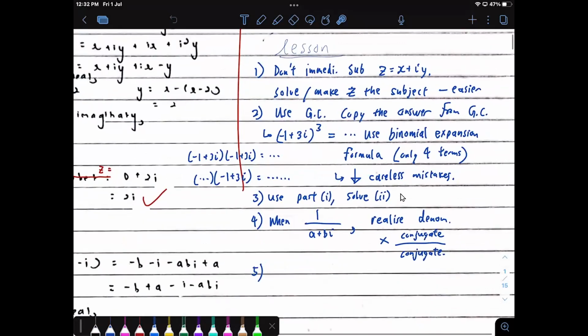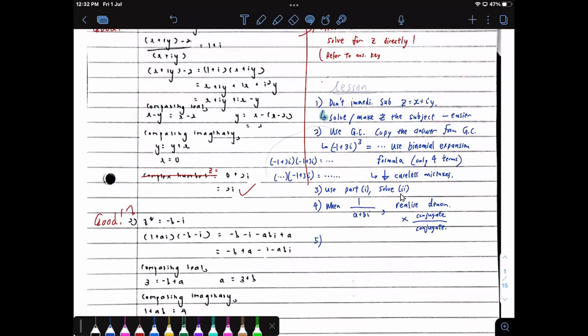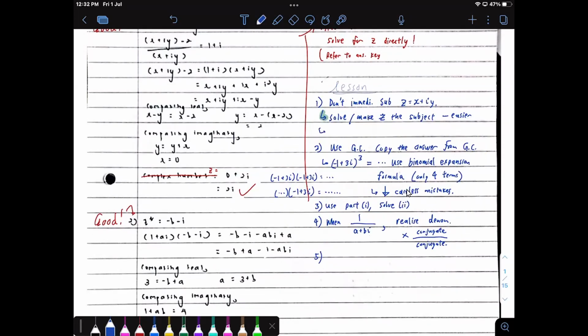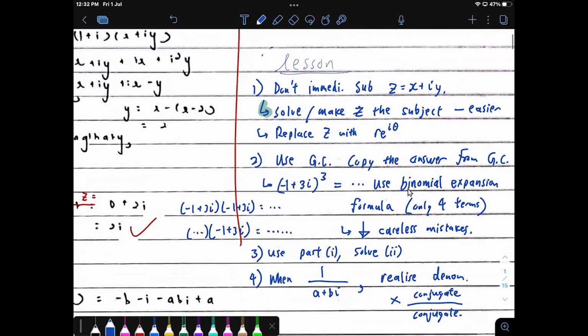This is one alternate strategy: you can solve and make z the subject. An alternate strategy would be to replace z with the re^(iθ) format.